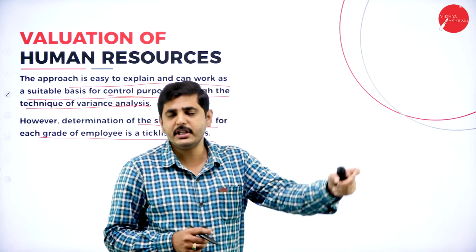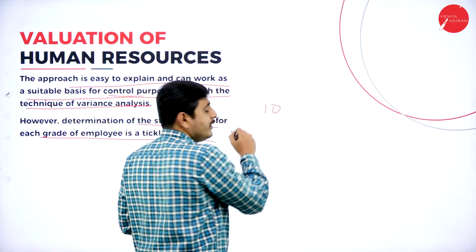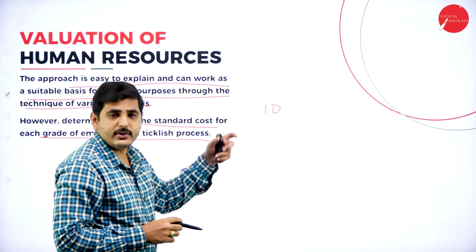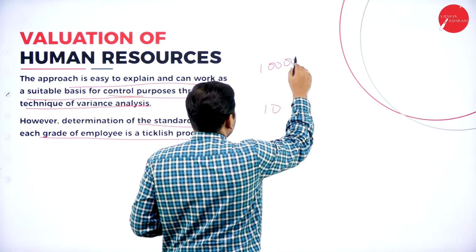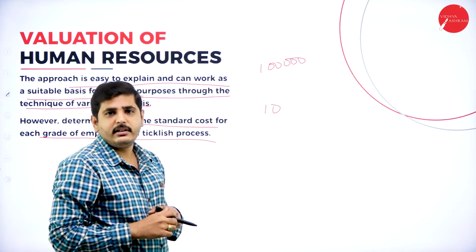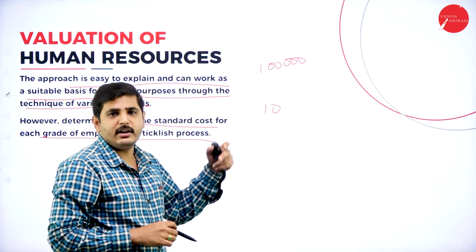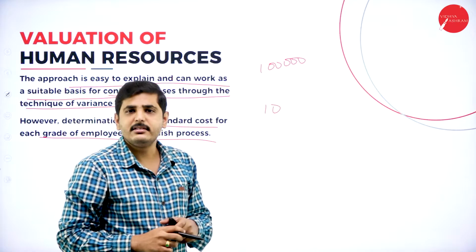For example, if the life of the machinery is 10 years, we can reduce it every year. The cost of the machine is 1 lakh rupees. Every year, if we reduce 10,000 rupees as depreciation, at the end of the 10th year we can expect the machinery value will be 0.